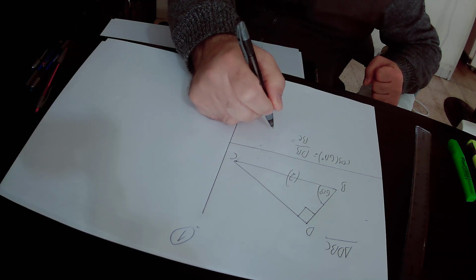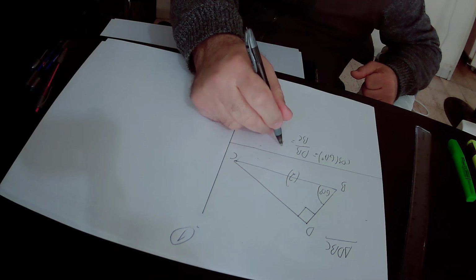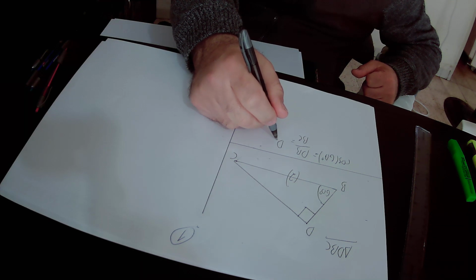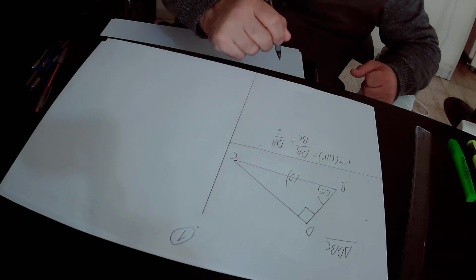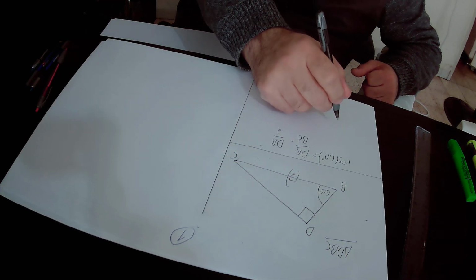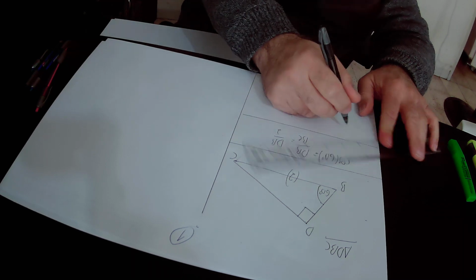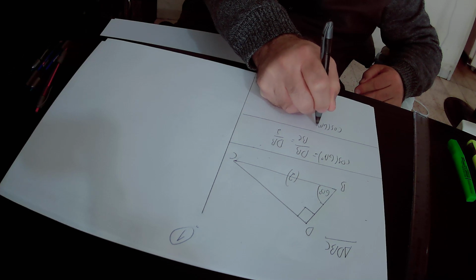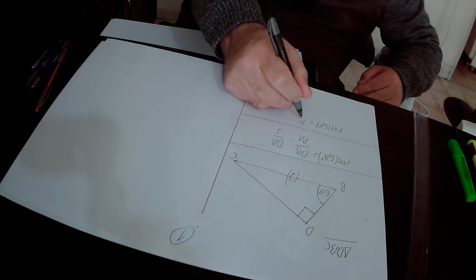Cosine 60 degrees equals DB over BC, and BC is 2, so we substitute BC by 2, and we get that cosine 60 degrees equals DB over 2.